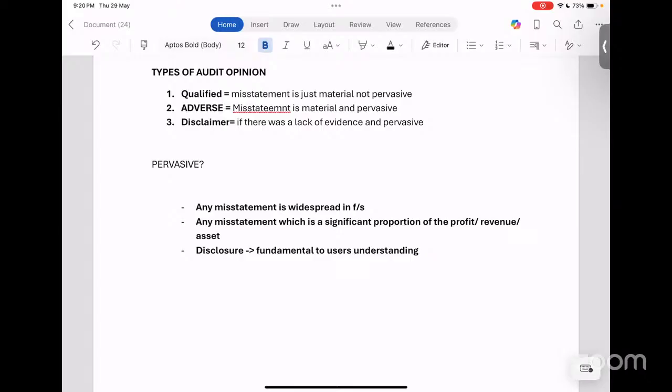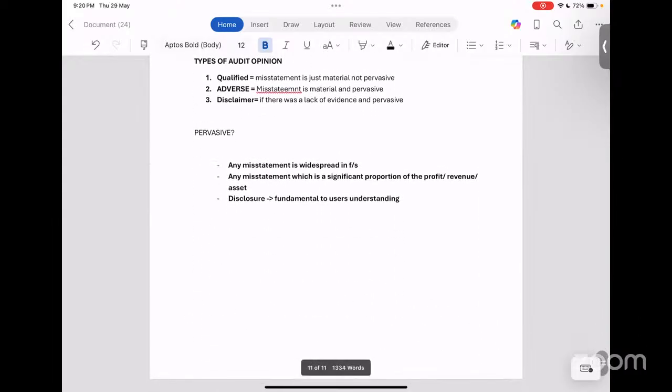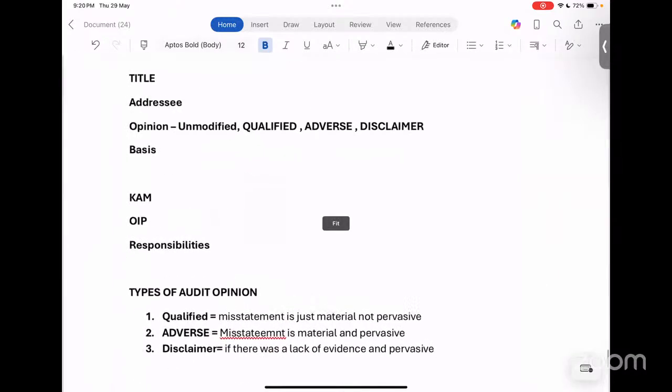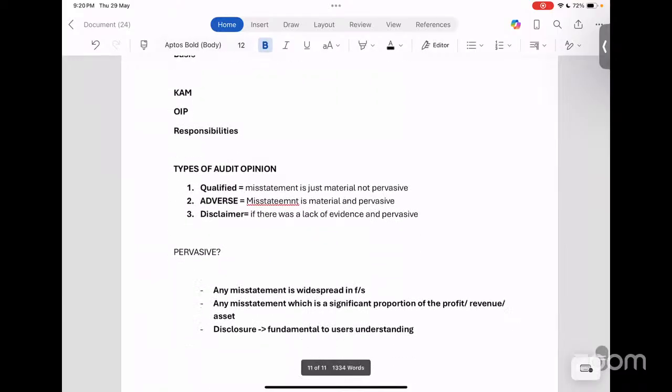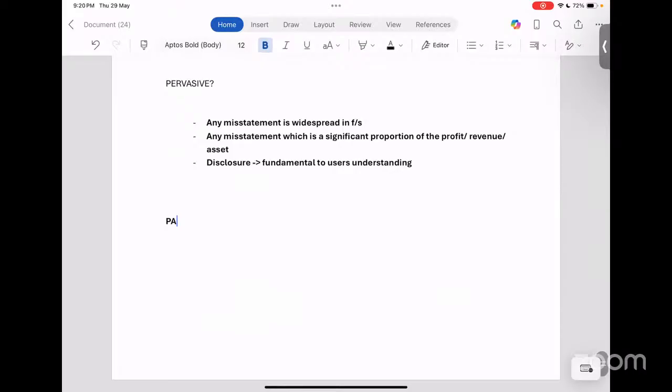Now, once I understand what I mean by pervasive and the different types of audit opinion, let us talk about the CAM paragraph, other information paragraph, and the rest of the paragraphs which go into the audit report. First, let's talk about the CAM paragraph, key audit matter. What is there in the key audit matter paragraph?